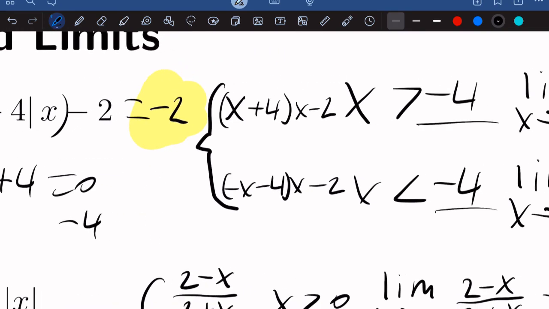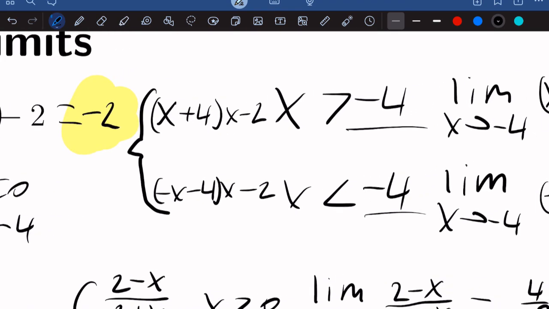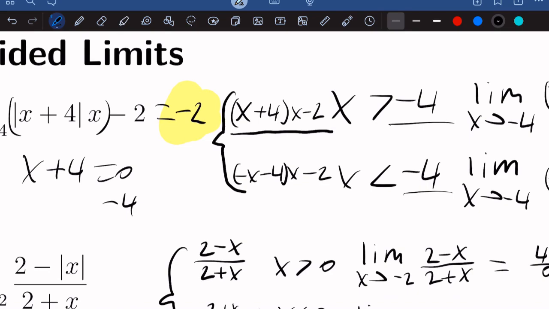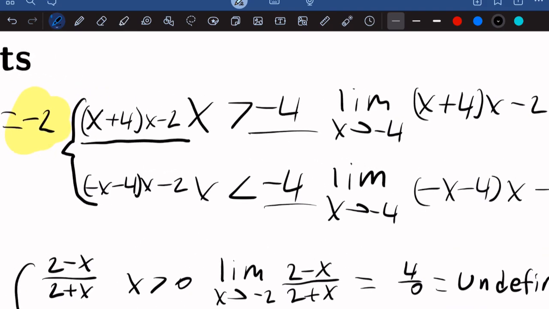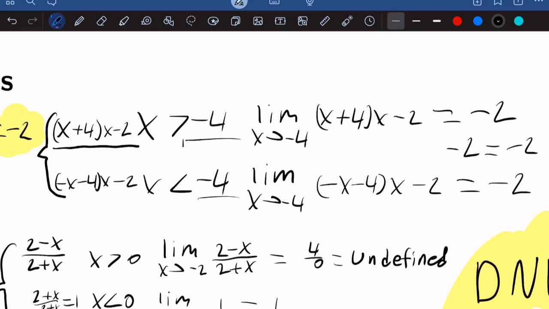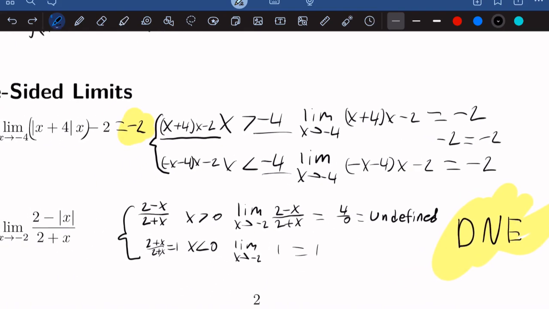So that would be your value right here. And then for here, you keep it positive. For here, you multiply it by a negative, which is why it becomes negative x minus 4. And then you take the limit of the right and the left, and you get negative 2 on both sides.